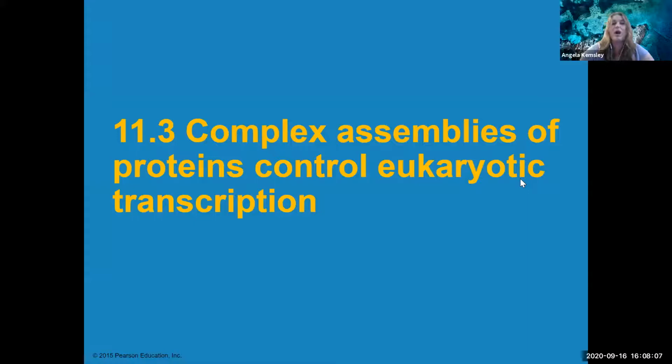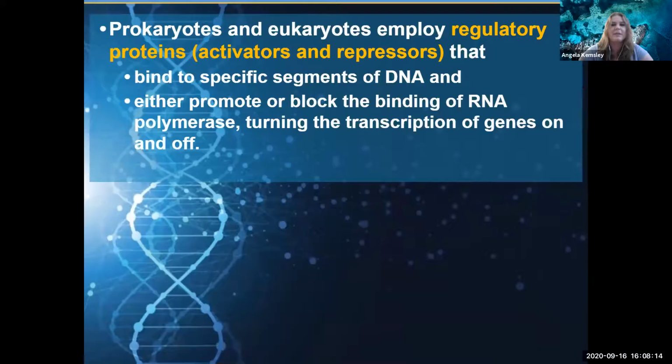All right, so complex assemblies of proteins control eukaryotic transcription. So we're talking about eukaryotes here. Now, prokaryotes and eukaryotes both employ what we call regulatory proteins, activators and repressors, that can bind to specific segments of DNA, and they can either promote or block the binding of RNA polymerase, turning the transcription of genes on or off, because remember, RNA polymerase is what is helping to do our transcription.